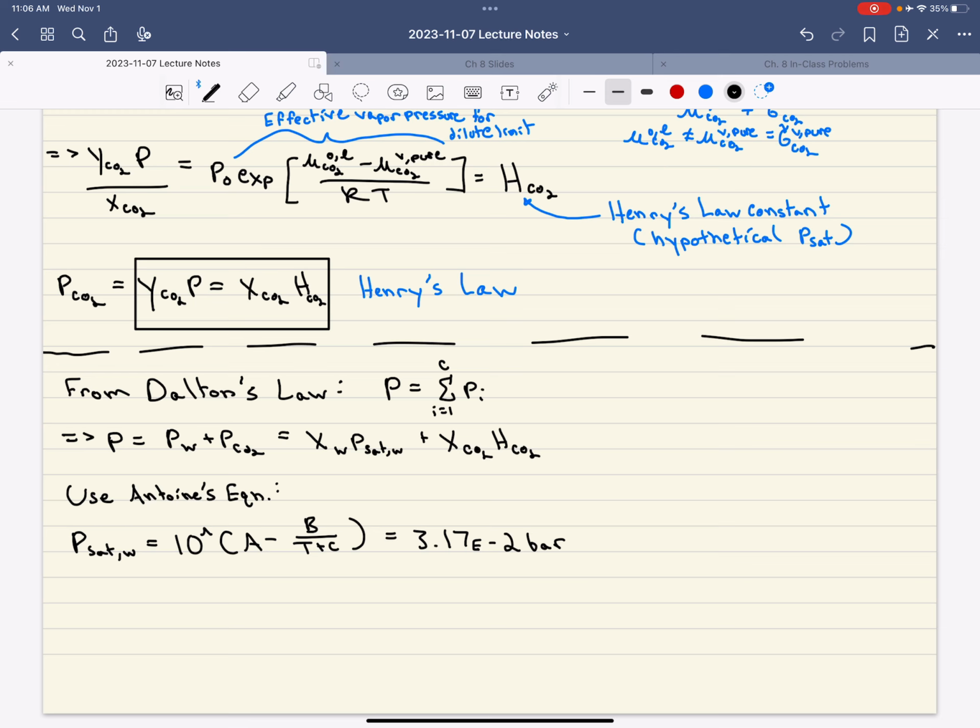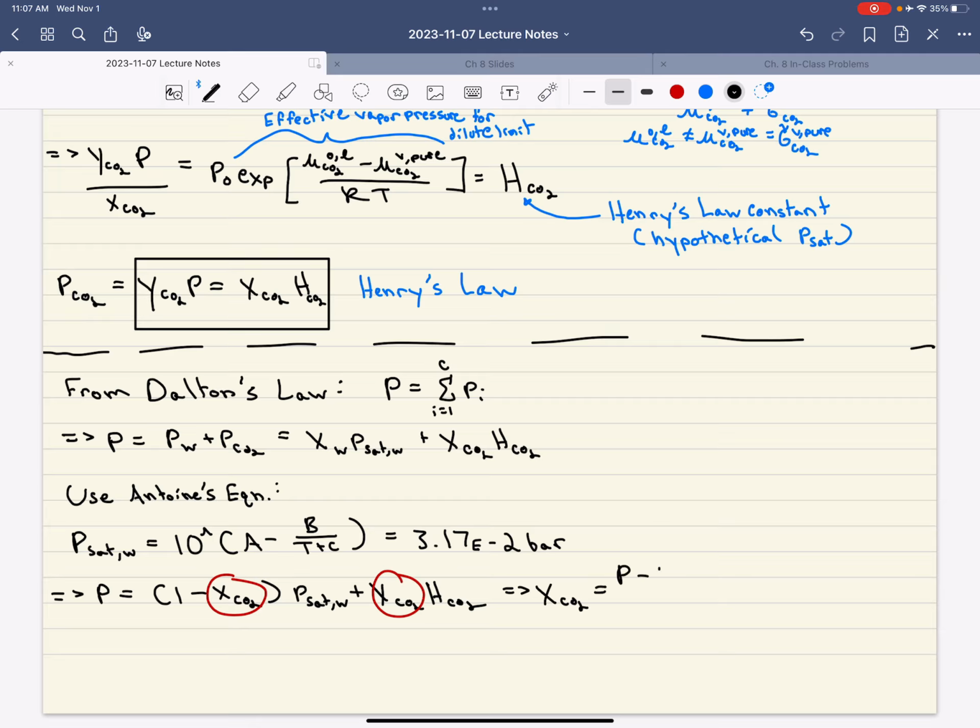Okay? And so if we go back to our Dalton's law relationship, we could write the mole fraction of water in the liquid phase in terms of the mole fraction of the CO2, plus x CO2 H CO2. We have one equation and one unknown, so we could solve for x CO2.